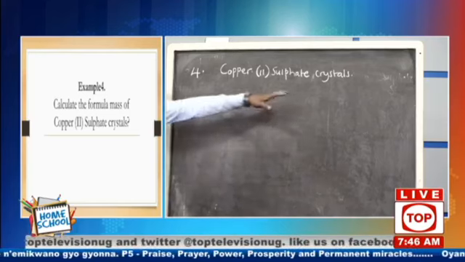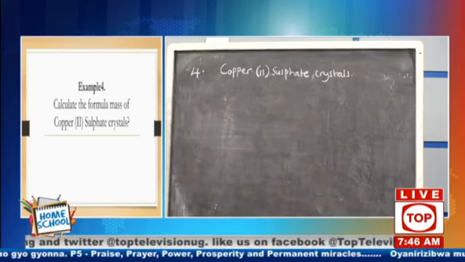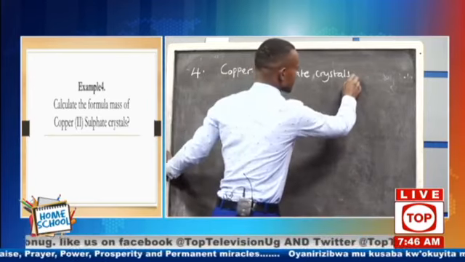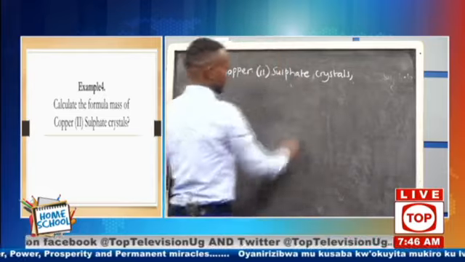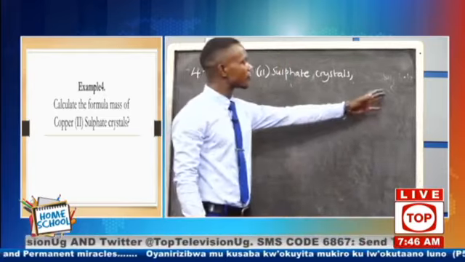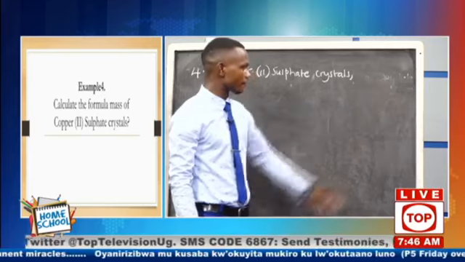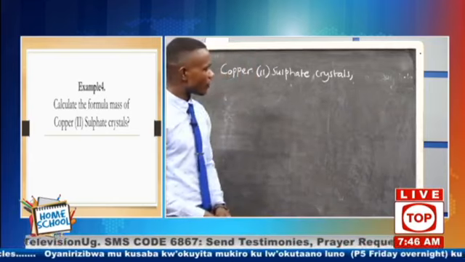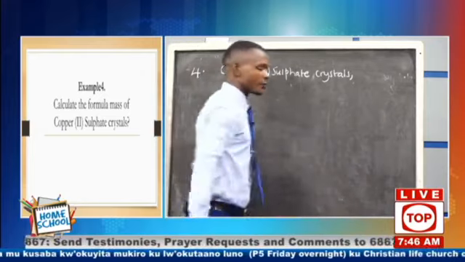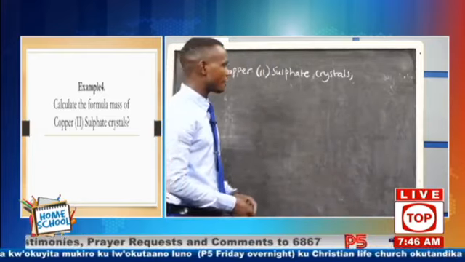When you follow the steps you have been using, you come up with a formula mass of this. But before you follow those steps, you have to first determine its chemical formula, following the steps for determining the chemical formula as given above.